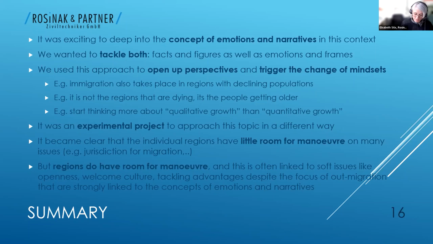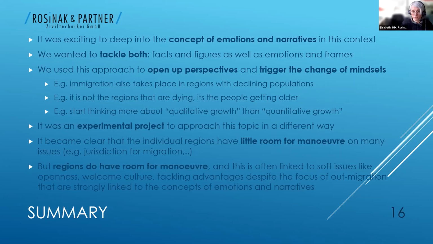And we heard a lot of this today: quality of life aspects, green infrastructure, also in the context of climate change. I have to say it was an experimental project to approach this topic in a different way. It also became clear that the individual regions in a global context have little room for maneuver on many issues.